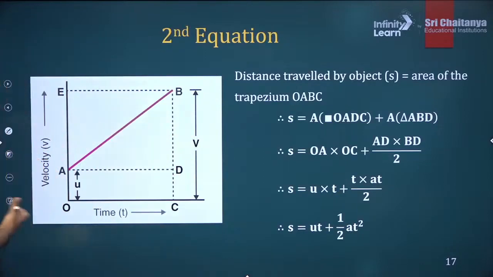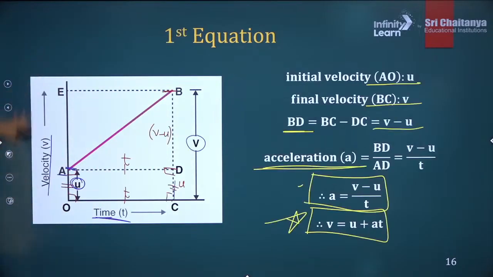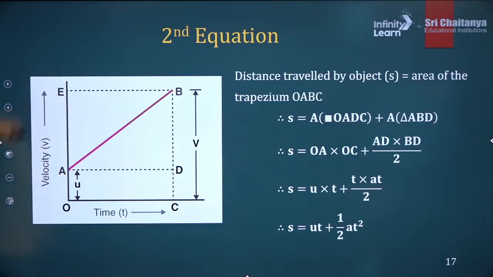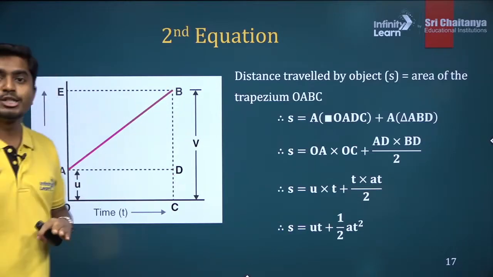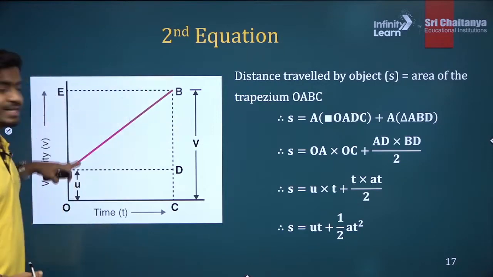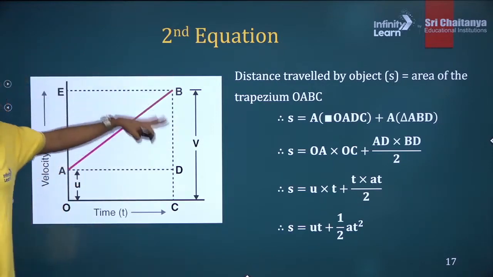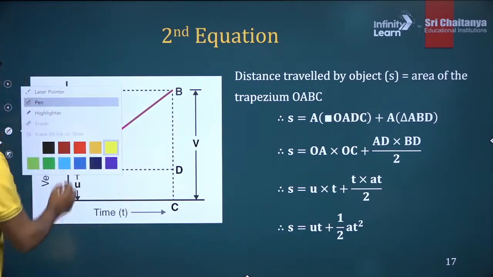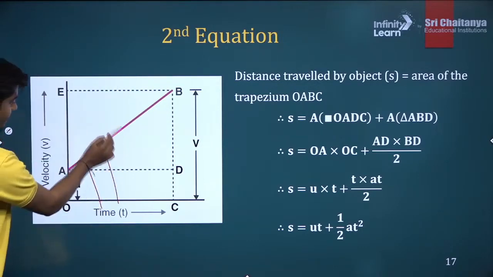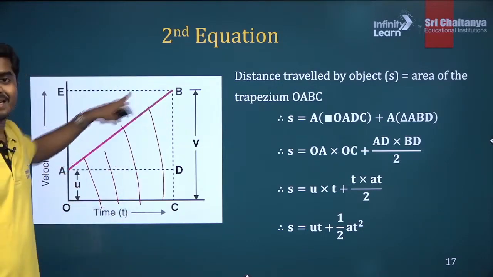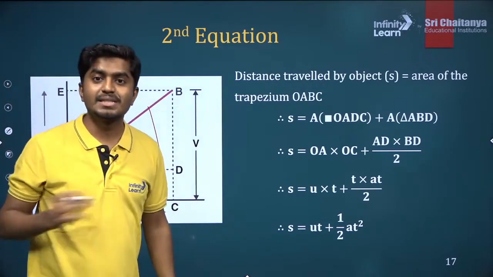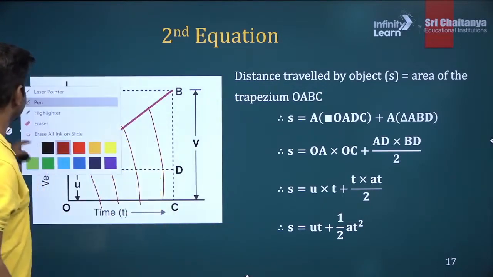Now let's go to the second equation. Here again I am using the same graph. I told you that in the velocity time graph, the area under the curve is nothing but the displacement. You remember?